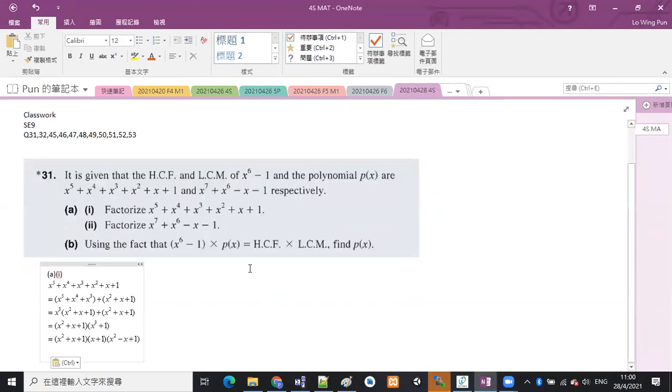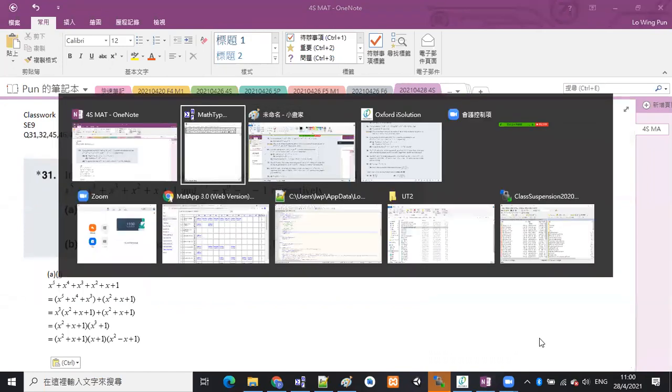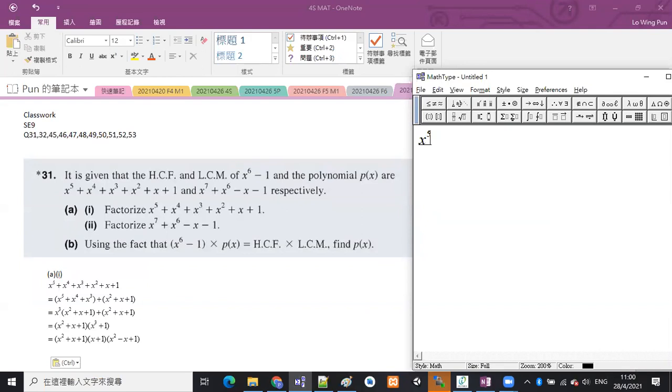Can you get this? Next I want to talk about another method, which many of you thought of at the beginning: 2 terms in a group. So that should be x^5 plus x^4, and then plus the second group is x cubed plus x squared, and then plus the third group is x plus 1.